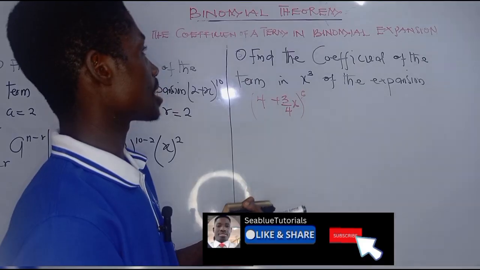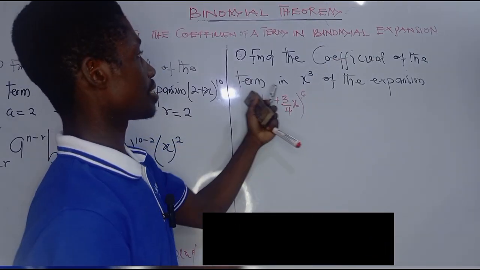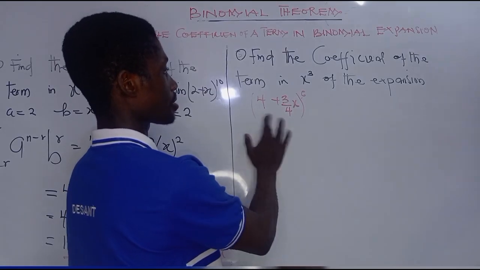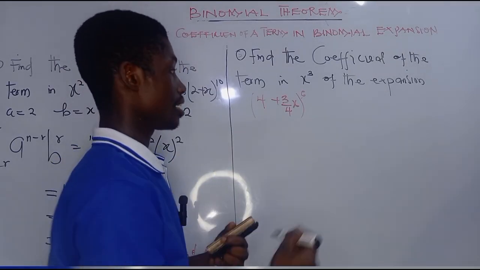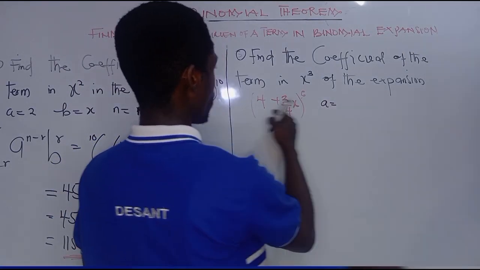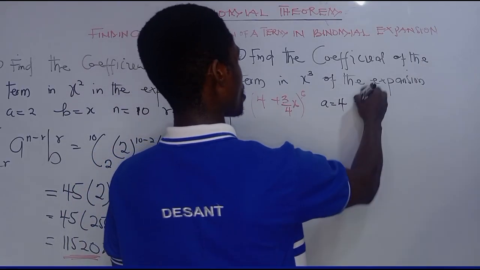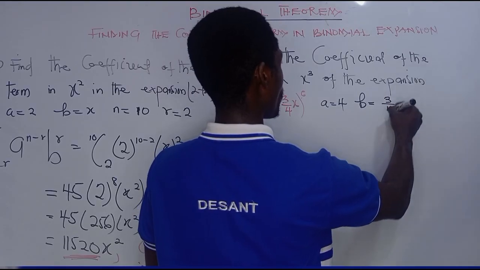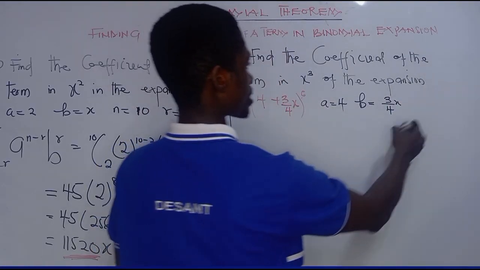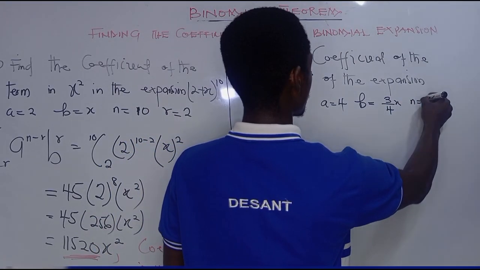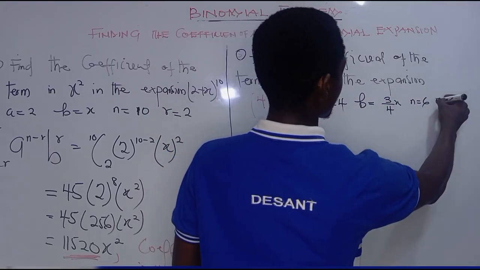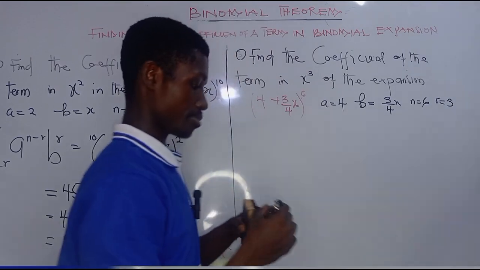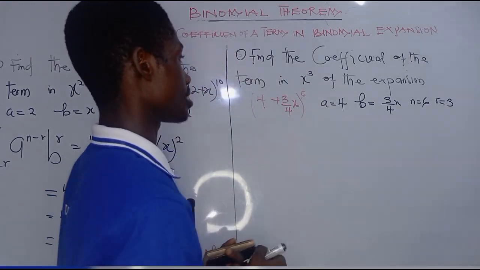So we have our last example. We have to find the coefficient of the term in x cubed of the binomial expansion. So first of all, we have to find our a. Our a is 4. Our b is 3 over 4x. Our n is 6. And then our r is equal to 3. The rest is substitution.